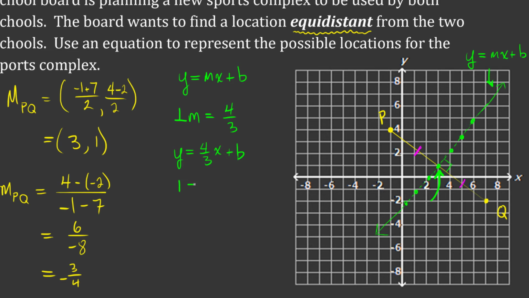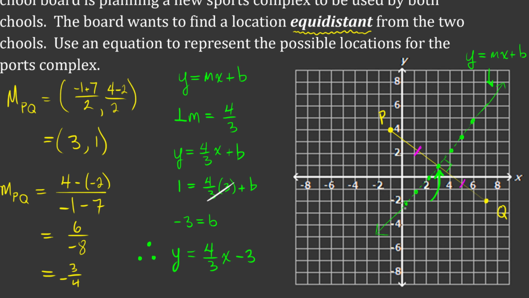So let's do that. Put my 1 in for my y, put my 3 in for my x, and start solving. Now thankfully the 3's cancel, so that's nice. And I just have to subtract 4 on both sides. So I'll get -3 equals b. Now that means that the equation that represents all of the possible locations of this sporting complex that is going to be equidistant from P and Q is the equation y = 4/3 x minus 3.